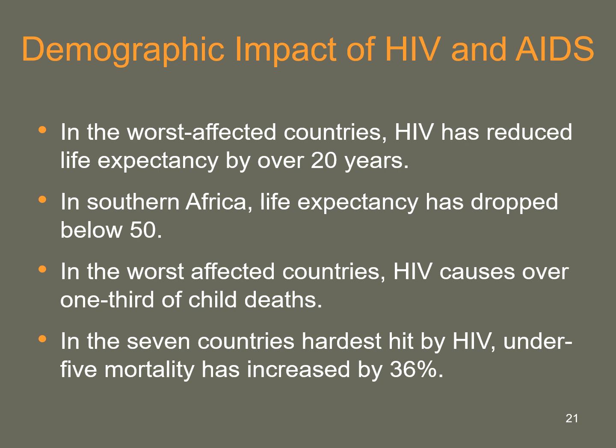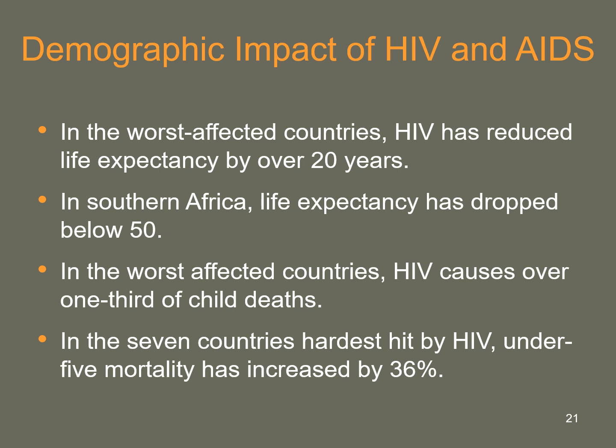In the worst affected countries, HIV causes over one third of child deaths. It's rare that children just die of pneumonia and other things. Most of the children die as a result of HIV, especially if it is not detected early in the mother, so that it can be prevented from mother to child.